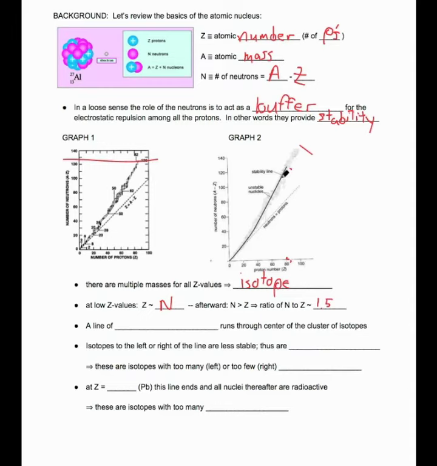Alright, so these are isotopes within this island of isotopes surrounding the dark gray on your paper, of stable isotopes. And anything that's off that line is going to be unstable, or as we say, radioactive. And we'll look at later that isotopes to the left or right of the line are less stable, thus are radioactive.